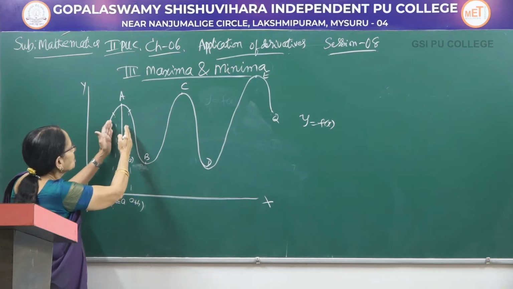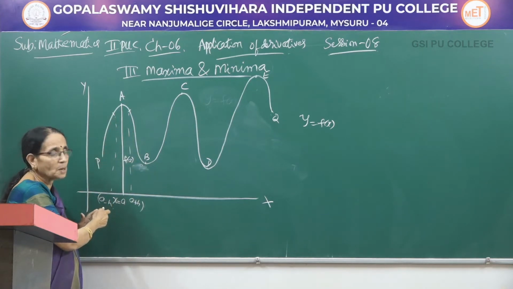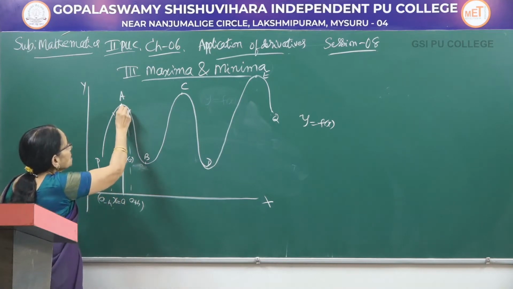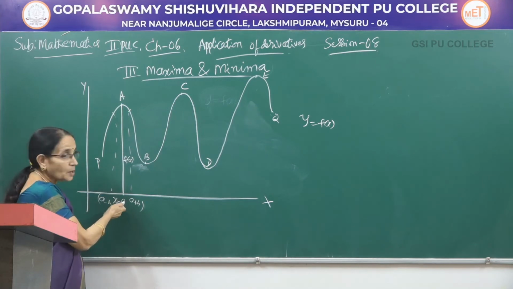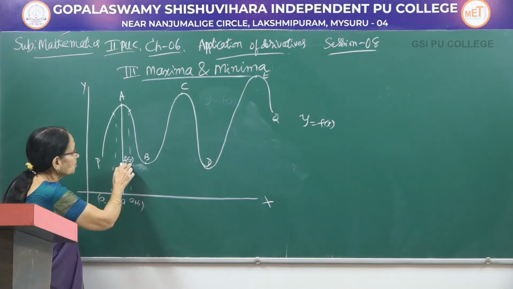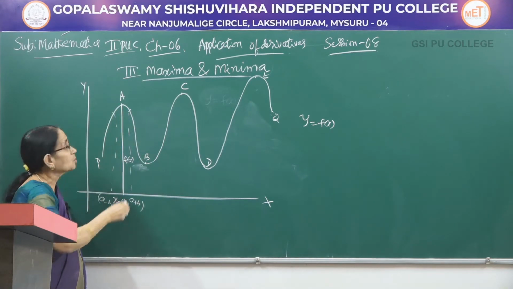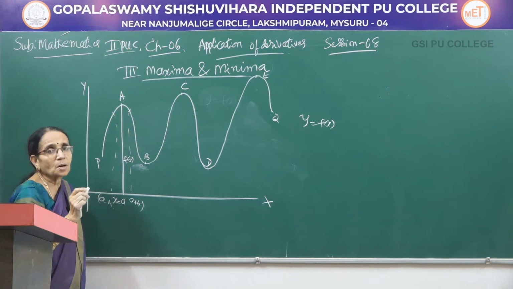So when you take a small neighborhood of the point a here, then the interval becomes a minus h, a plus h. So in this interval you observe that at this point a, where x takes the value a, the value of f(a) is the maximum. So this is maximum in this interval, so we call it a local maximum.